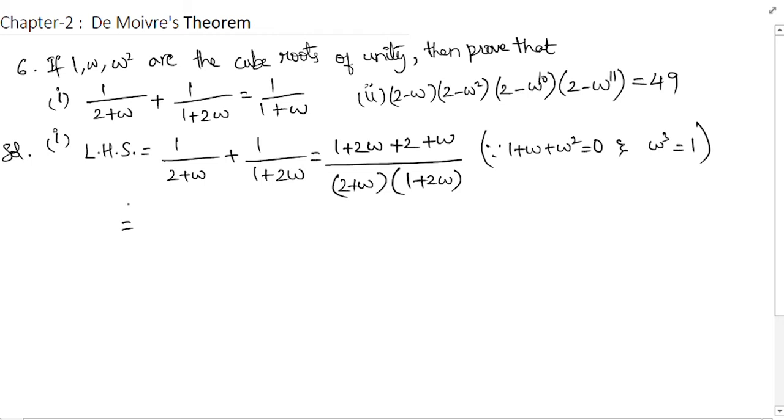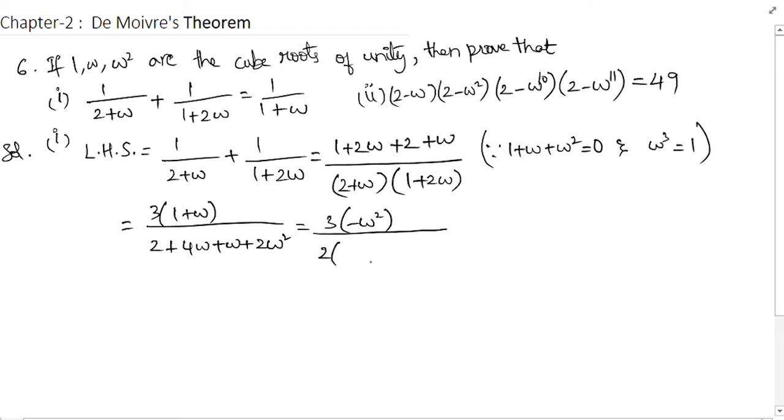So this will be equal to 3 into 1 plus omega divided by 2 plus 4 omega plus omega plus 2 omega square, which is equal to 3 into minus omega square divided by 2 into 1 plus omega square plus 3 omega, which is equal to minus 3 omega square divided by 3 omega, which is again equal to minus omega.